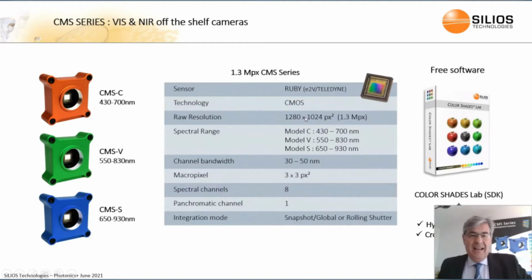We have the approach of having 3 models, because, if you remember, we can work on a 300 nanometer wide spectral range. So we made one sensor, one camera, for the visible, one for the range of 500-800, and one camera for the range 600-900.